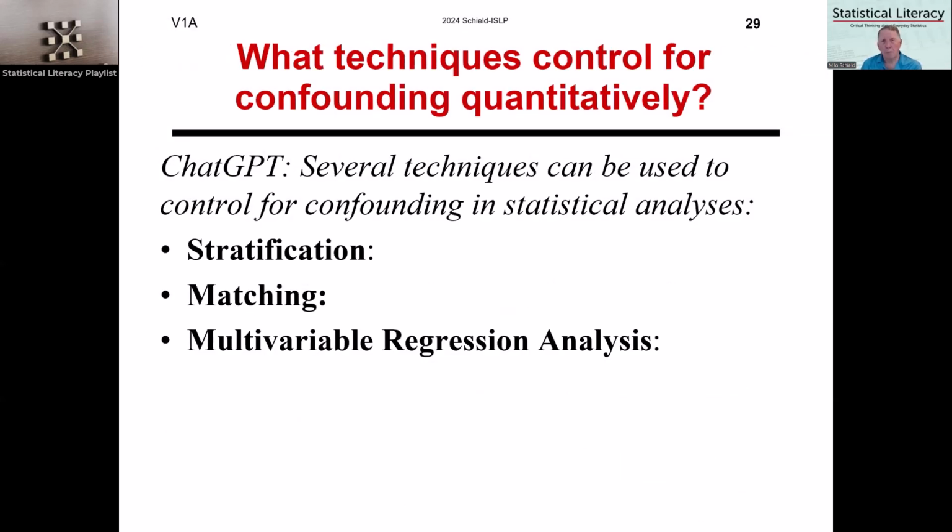Chat, what techniques control for confounding quantitatively? Chat came back with 3. Stratification. I like stratification. For me, that's what happens in a table when you break out the values of a confounder in different rows.